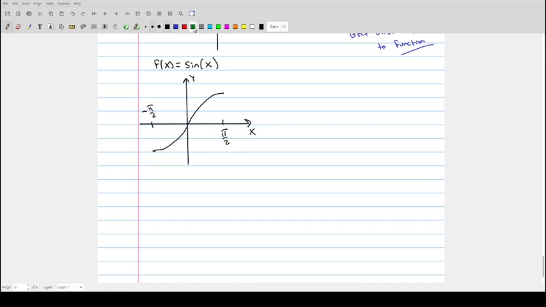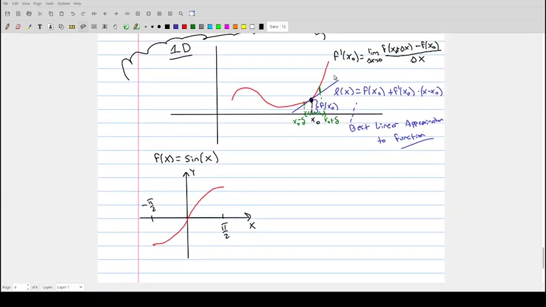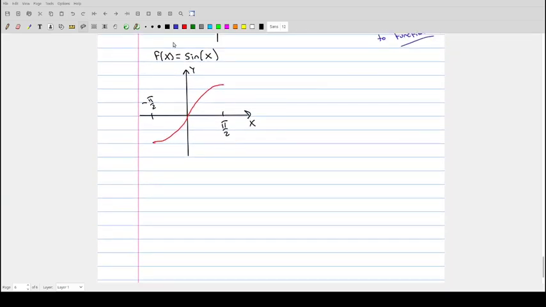And if you look at the tangent line to this function, which we'll do in blue just like above, the tangent line is this line right here at this given point, the slope of which is given by the derivative f prime, which is just cosine of x.